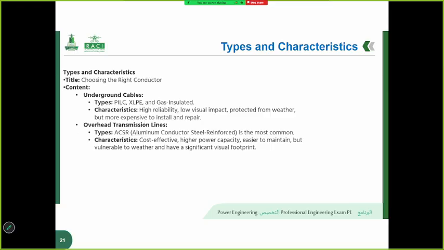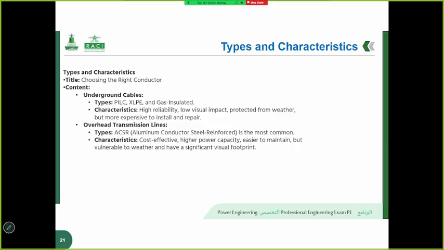Underground cables are a vital component of modern power grids, especially in populated urban and suburban areas where space is limited and visual aesthetics are important.